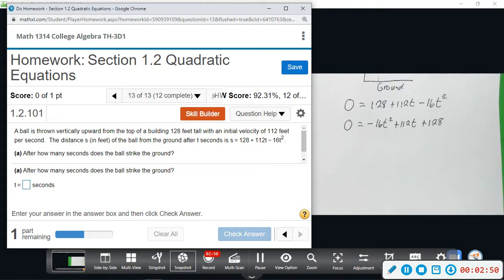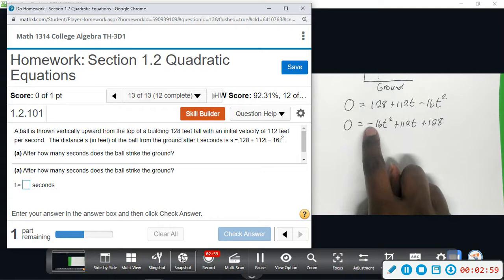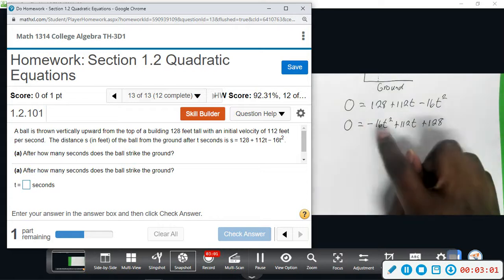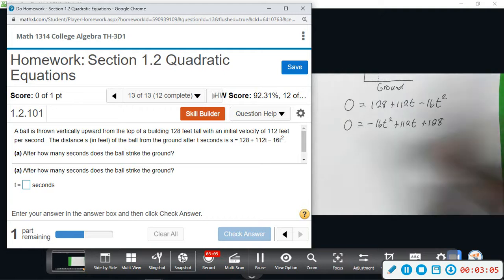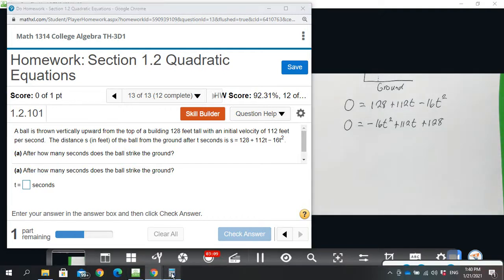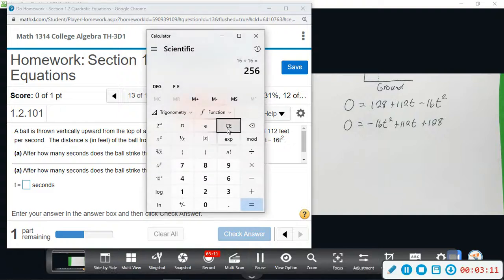All right, so first I want to see if this factors. Factoring is the easiest method to solve quadratics. When you factor, this needs to be positive. So I want to check to see if each term is divisible by something to make this smaller to begin with. So I am just going to pull up this basic calculator, and it would be nice if they're divisible by 16.